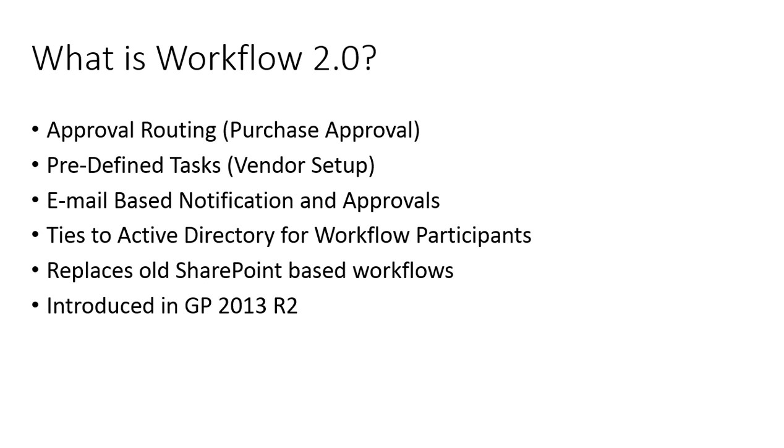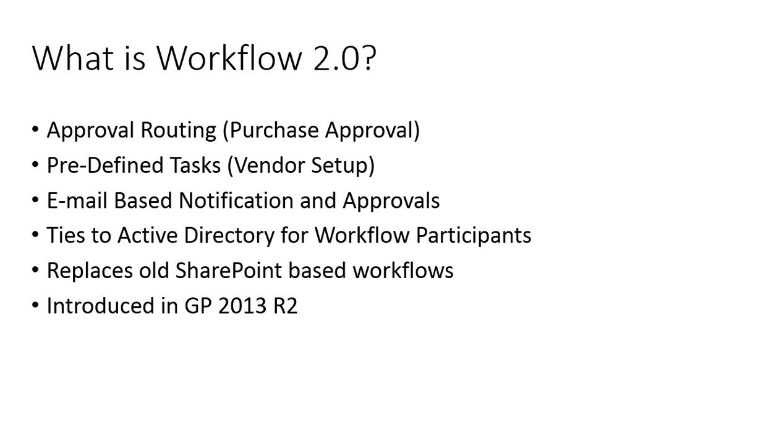So if you have predefined tasks that you do when you set up a vendor, for example, you can set up those tasks in the workflow according to your standard requirements and assign those to users to do. And those assignments are all email-based notifications.